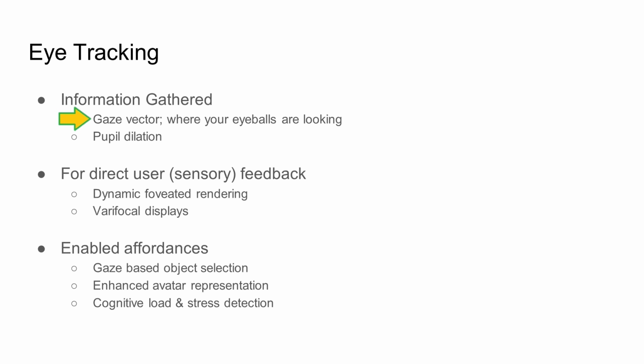We can know what our user is looking at in the real environment if they can actually see through into the real world. So this is very useful from an interaction design standpoint because it's like we now have access to someone's mouse cursor. We know what they're hovering over, so we could use it for something like object selection.